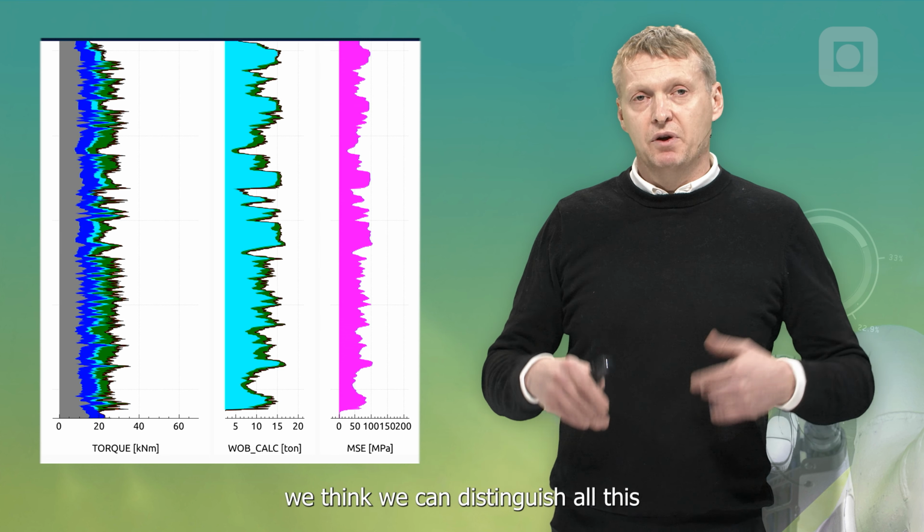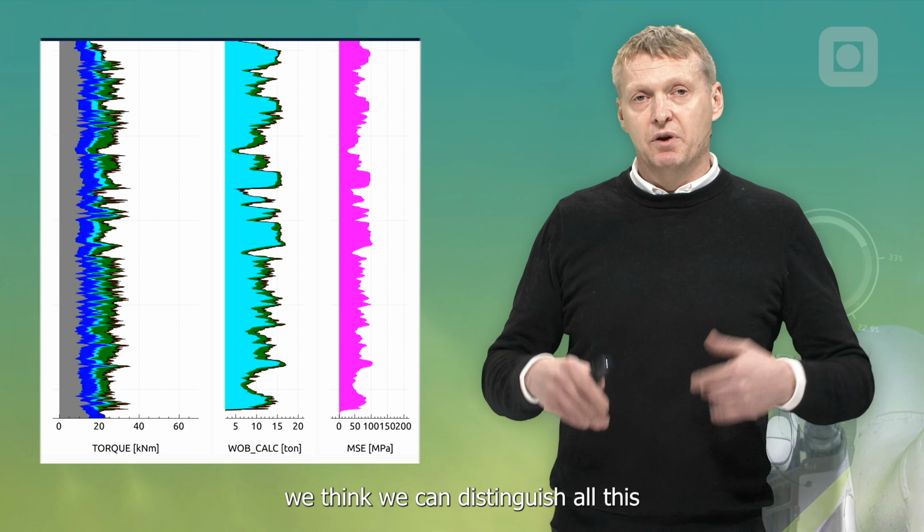The consequence of this is that you can drill further on every run because you know when to pull out. When the bit is dull, you do that quickly. And if you think your bit is dull, then maybe you have a longer life into it and you can drill further on it.